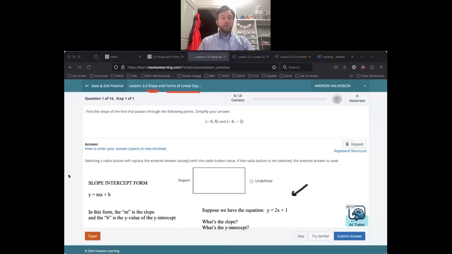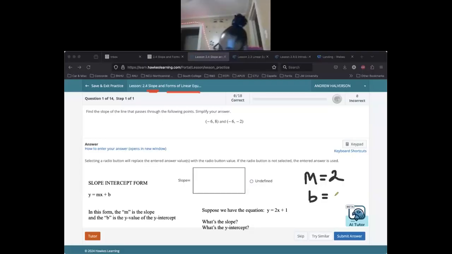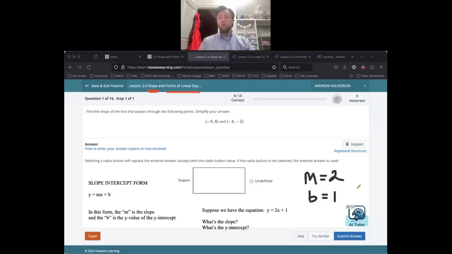It's the 2. It's the value in front of the x, right? In this lesson, when you're dealing with equations of lines, two variable equations, m means slope. So the m is 2, and what's the b value? It's the one without the variable, meaning the b value is 1.